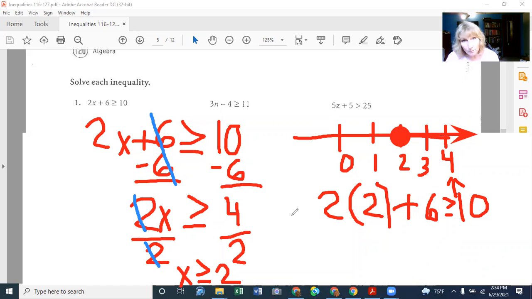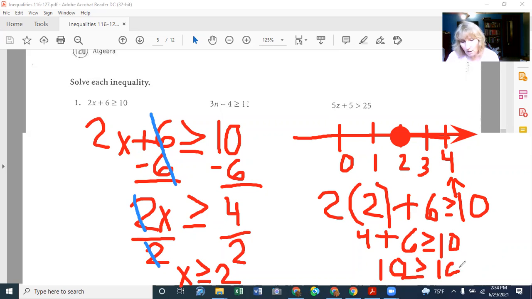And if we do 2 times 2 is 4, we get 4 plus 6 is greater than or equal to 10. Is that a true statement? 4 plus 6 is 10. Is 10 greater than or equal to 10? Yes, because 10 is equal to 10. So that value also works in our solution.